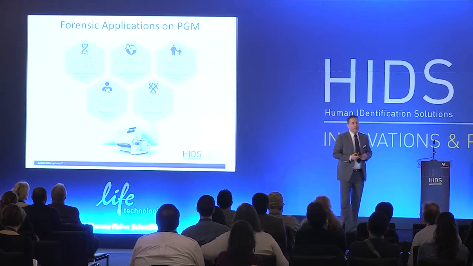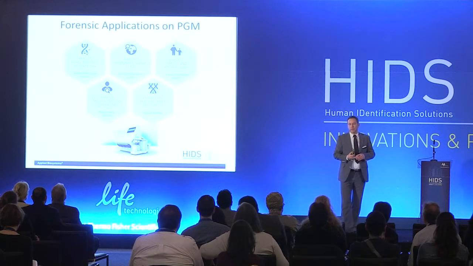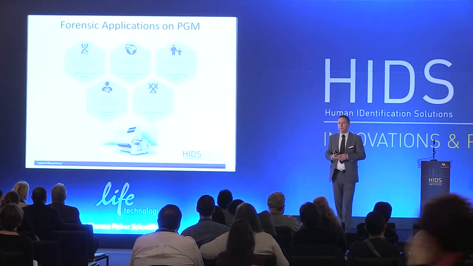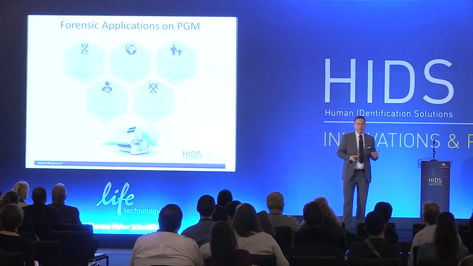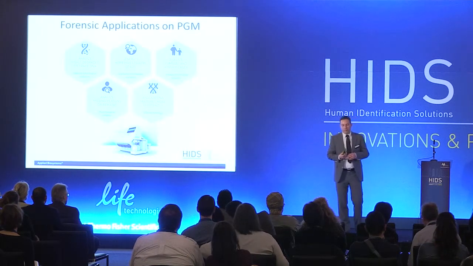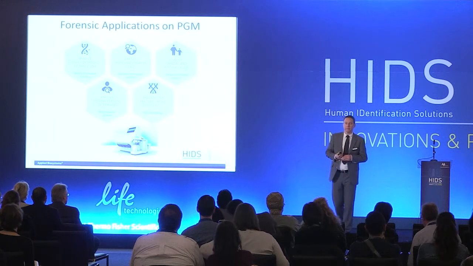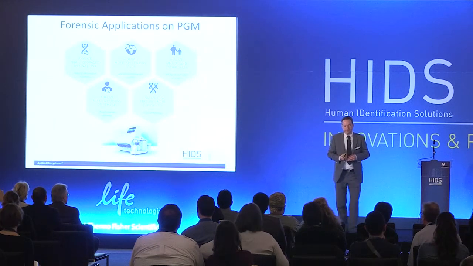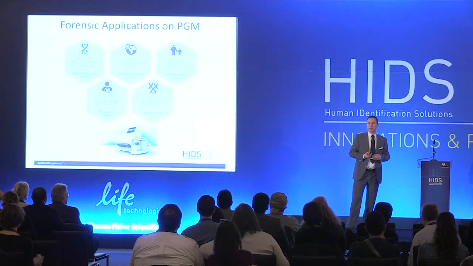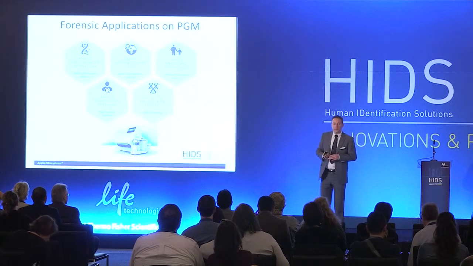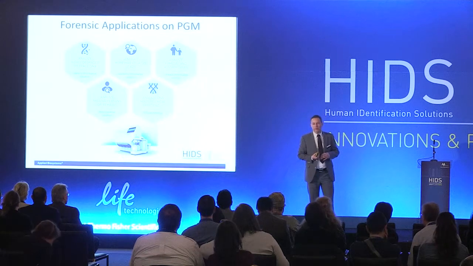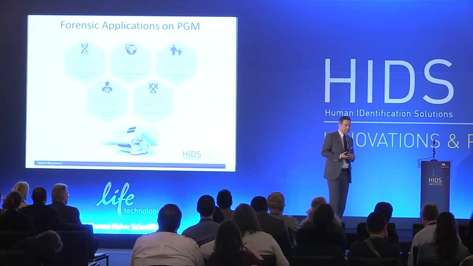What kind of applications are we targeting on the PGM? Well, some of them you have seen already. Analyzing degraded DNA: this is aiming at using these SNP panels we've heard about already, but also STRs. Generate investigative leads: this is looking then into using phenotypic information and ancestry information based on SNP panels.